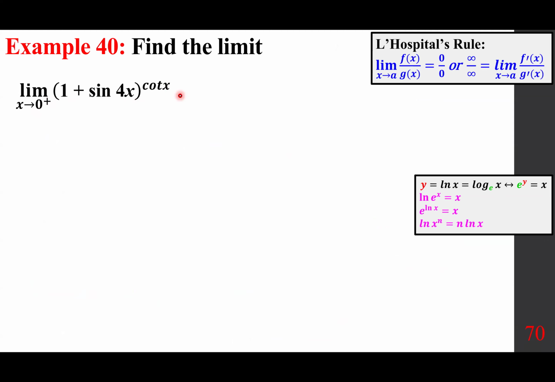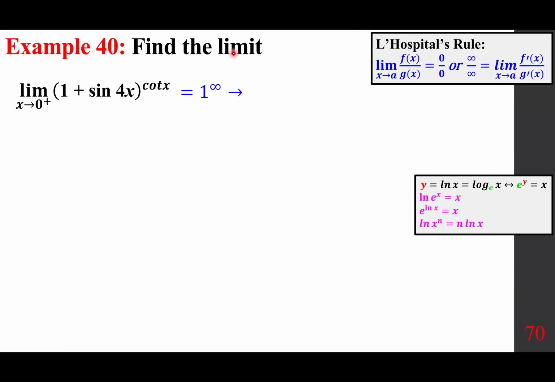Again, this has to do with the graph and knowing the information about common arcs. Cotangent of 0 is either negative or positive infinity. On the right side it is positive. So it's 1 to the power of infinity.